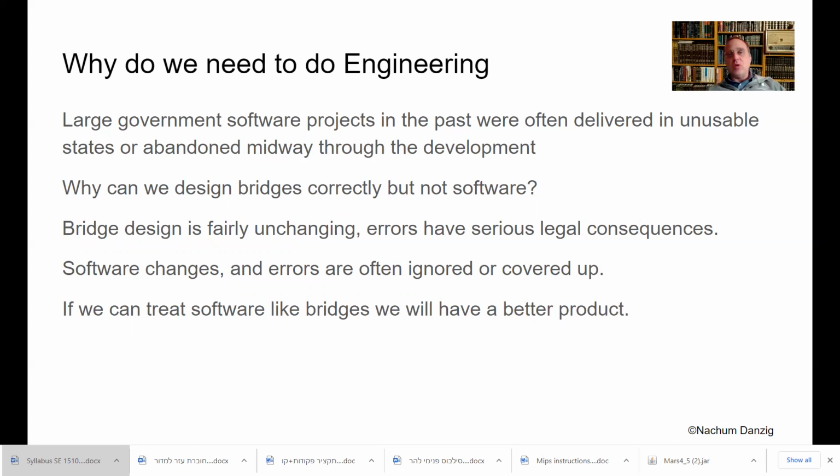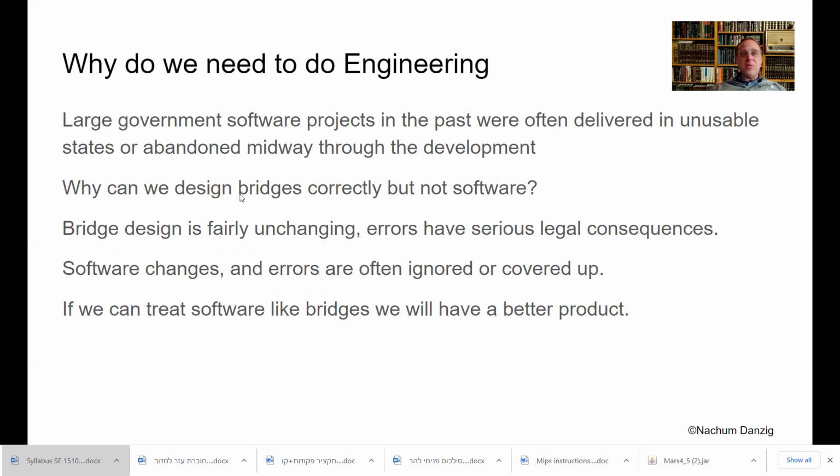It was just so badly done that in the end, the government agency that contracted for this software just realized they couldn't use it and just threw it away and started over, or hired a different company to write their software. So we don't want that kind of thing to happen. We want to plan things and have it work right.